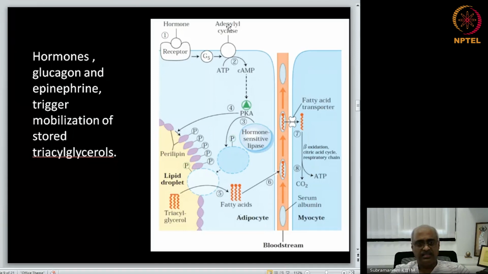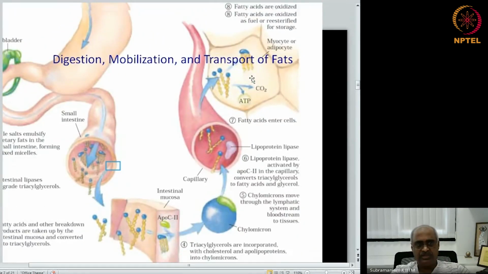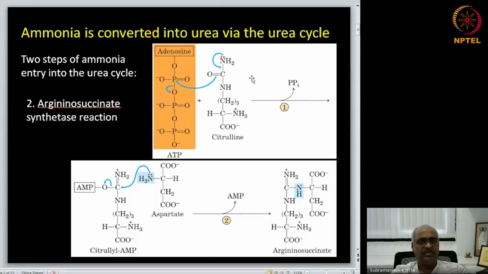So this adenyl cyclase forms cyclic AMP. What cyclic AMP means is, since we have an AMP structure here in today's material, you have this adenosine triphosphate, right? And when two phosphates are removed, then it is AMP, adenosine monophosphate.